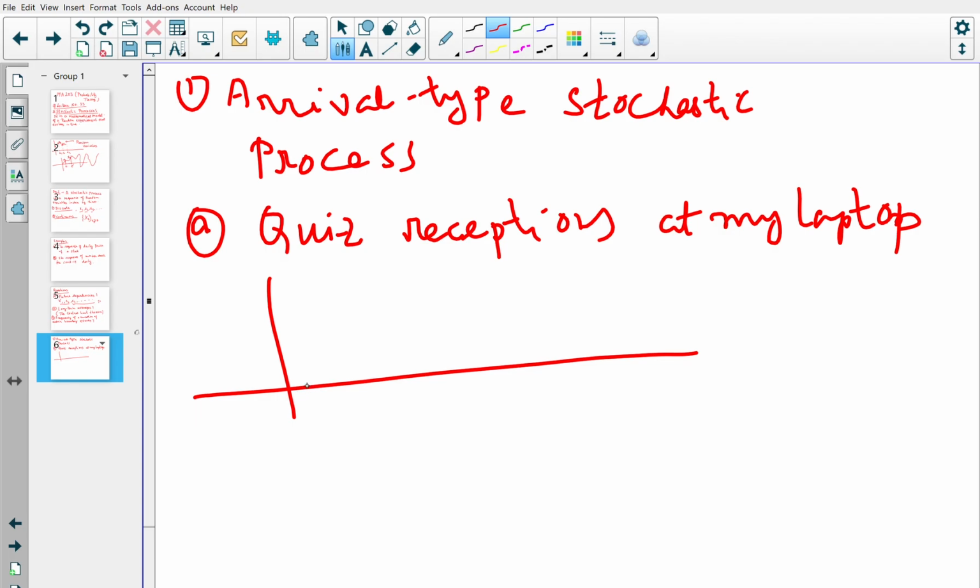Today there will be no submission, probably tomorrow there will be a few, and if the deadline is the 19th, then on the 19th there will be lots of submissions, and some students will submit even after the 19th. So today is 17, then 18, 19, and 20, and some more students will submit on the next day, like this. These are arrival type stochastic process examples.